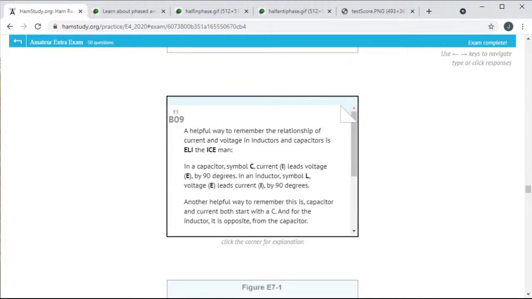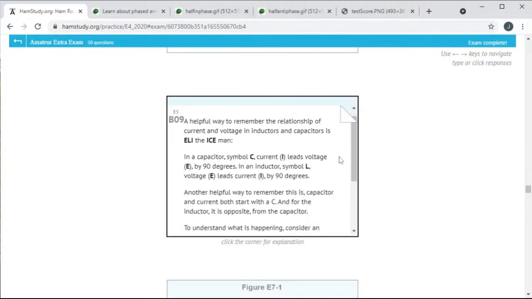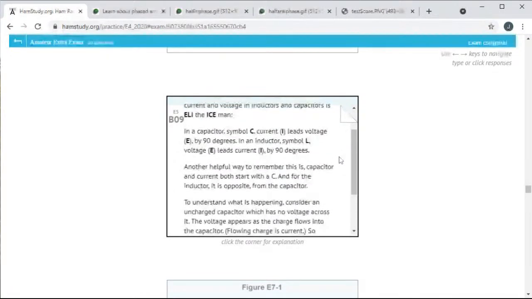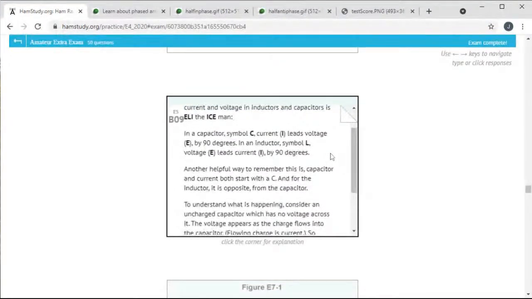In capacitors, current leads voltage; in inductors, voltage leads current.